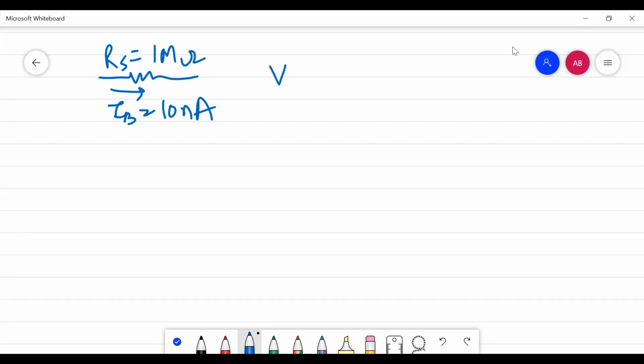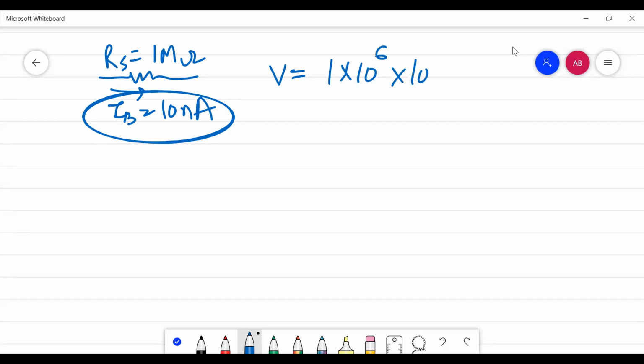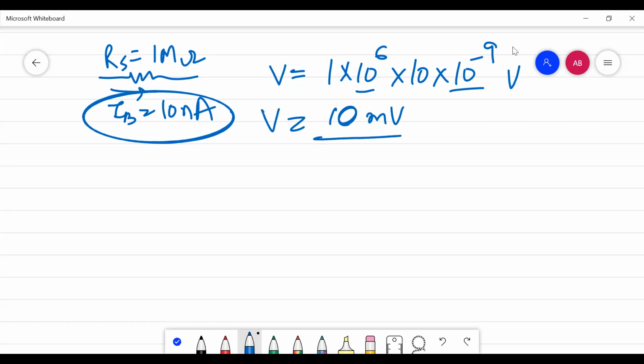So now the voltage that will be generated because of this bias current will directly be equal to 1 multiplied by 10 raised to the power 6 multiplied by 10 into nano, means 10 raised to power minus 9 volts. And if you just cross verify the answer, you are going to get 10 millivolts as the output voltage.